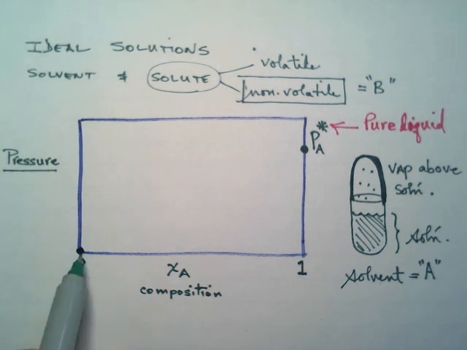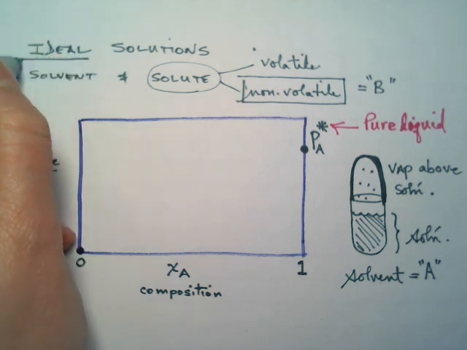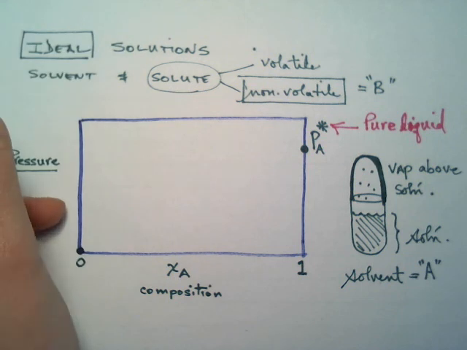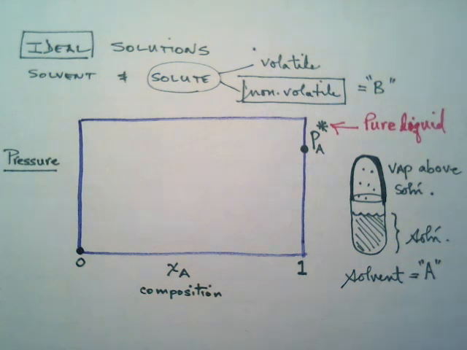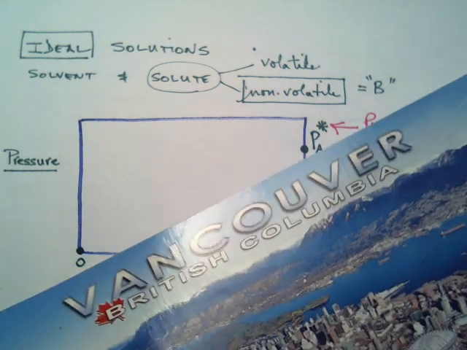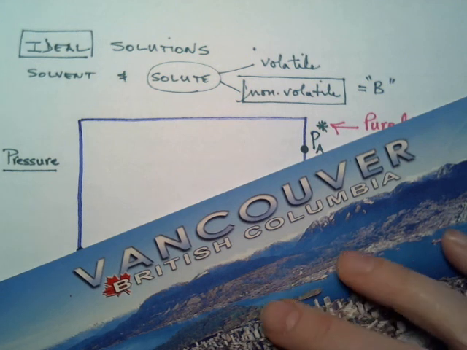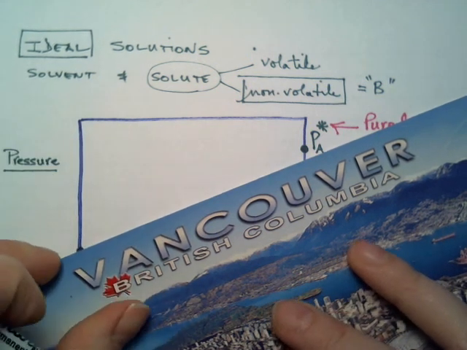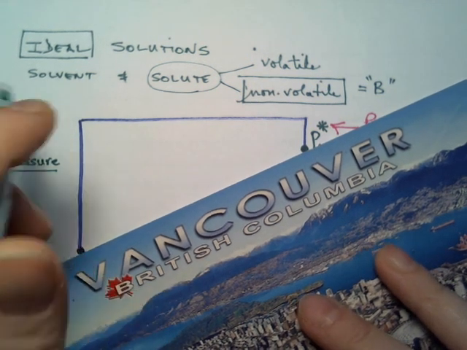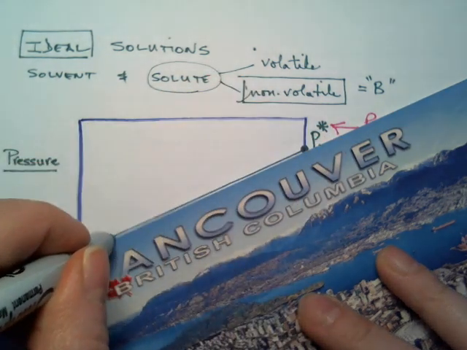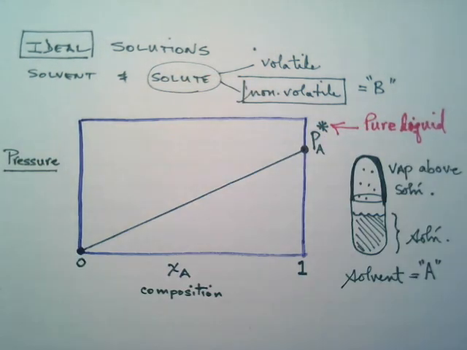Now, because it's an ideal solution, I'm looking for a straight edge. Here's a good straight edge. We'll use Vancouver. I know, I should have a ruler handy. Okay, we'll use a ruler next time if I find one.